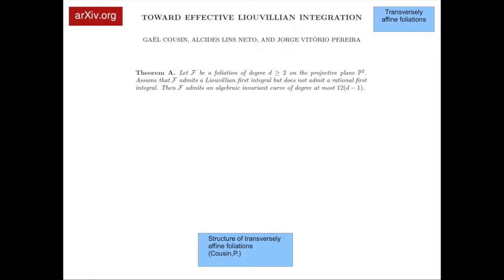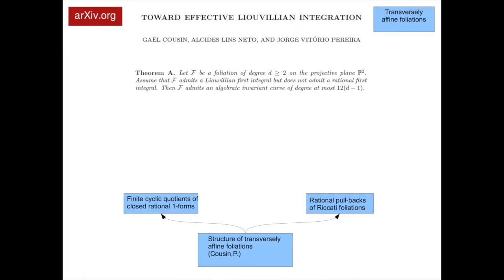And how did we manage to prove this? This result is a consequence of a structural result for transversely affine foliations, which I proved previously with Gael Cousin, which essentially says the following. It says that if I give you a transversely affine foliation, we are in one of two situations.